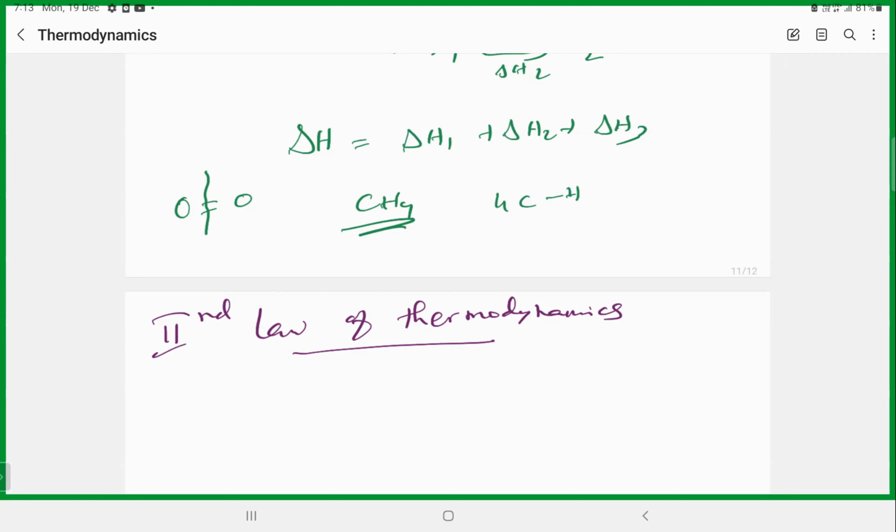The main thing: enthalpy is another useful state function that we derived from the first law of thermodynamics, and then internal energy. These are the things we have learned from the first law of thermodynamics. The measurement of enthalpy can be done by the bomb calorimeter.